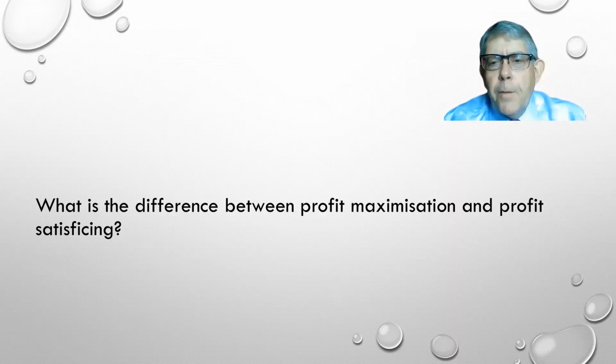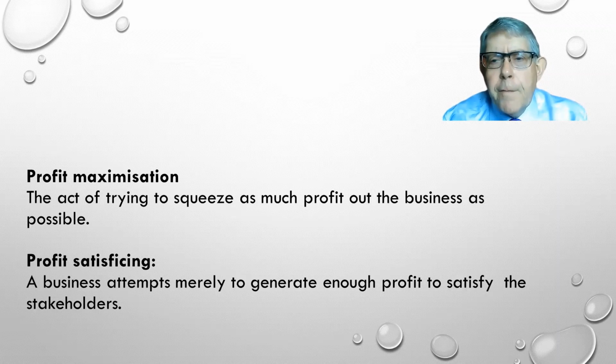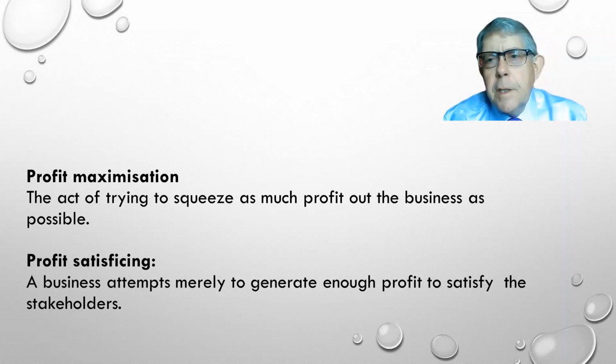What is the difference between profit maximisation and profit satisficing? Well, profit maximisation is about trying to squeeze as much profit out of the business as humanly possible, whereas profit satisficing is where a business merely attempts to generate enough profit to keep its stakeholders happy.